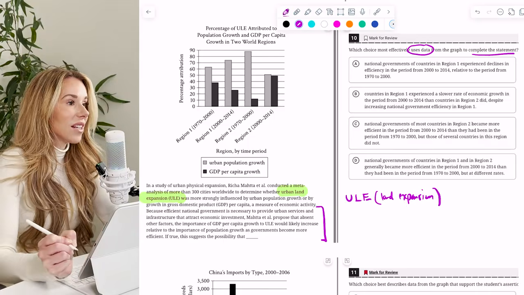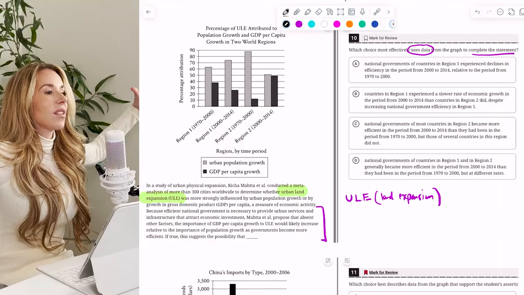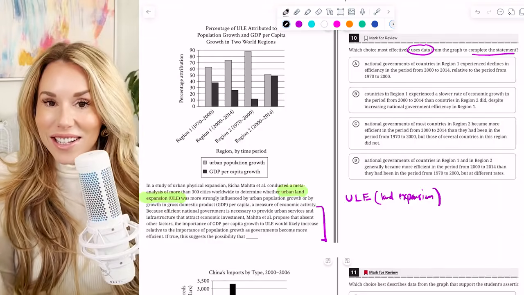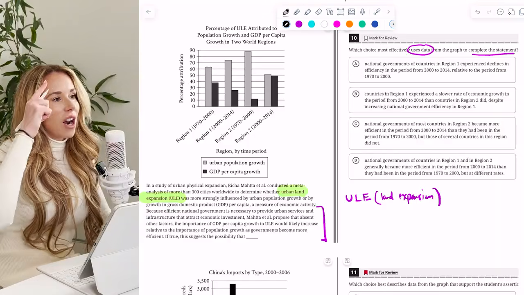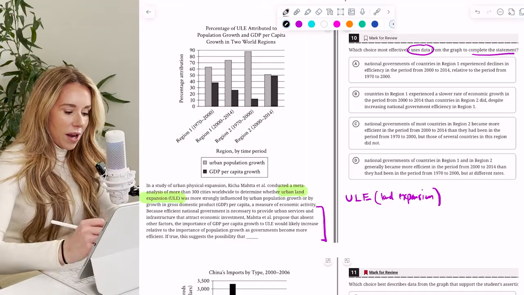Well, urban means cities. So it's basically taking more land to keep building out the city, which Manhattan really can't do because it's on an island. So there's really no more urban land expansion for New York City. Try to put it in a context like that so that you can understand what it's talking about.